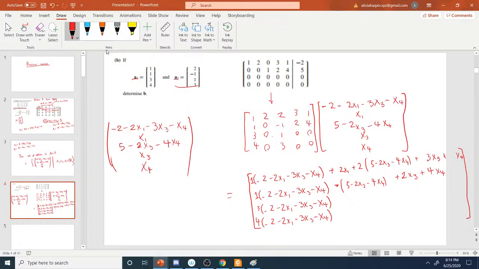And then down here, we're going to have just plus this times 1. And then finally, we're going to have plus 3 times this. And I'll leave it to you to do any simplifications because all the terms here can be collected. But this gives an expression for the new b, and the new b is actually a function of the variables x1, x3, x4. So basically what they're asking you to do here is alter this matrix and then see how the set of solutions changes.